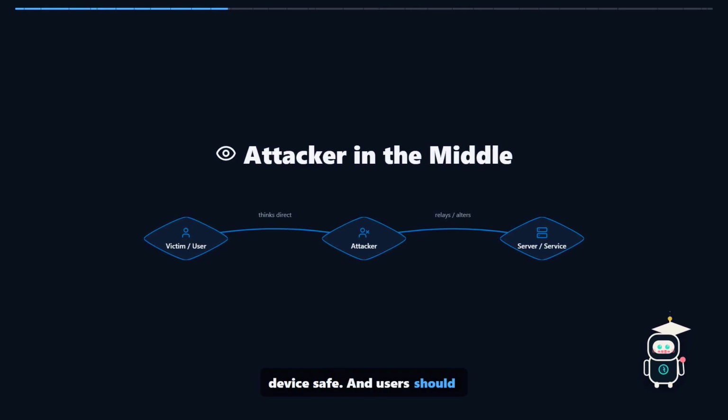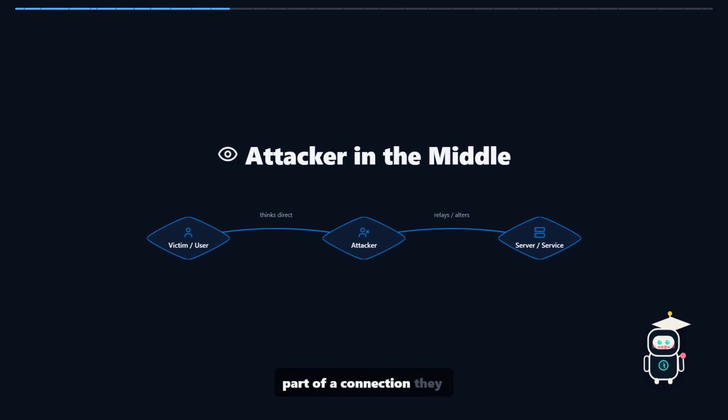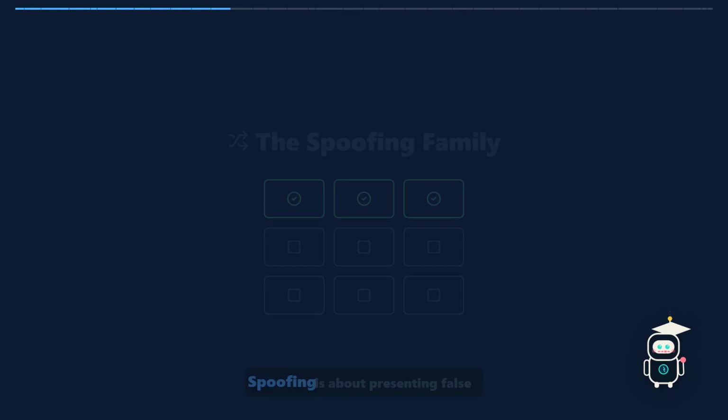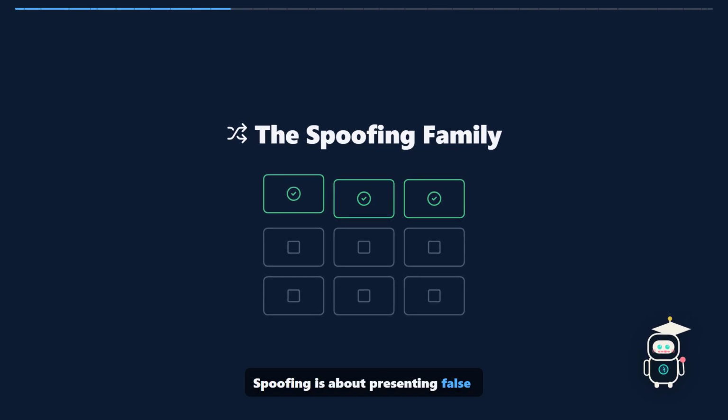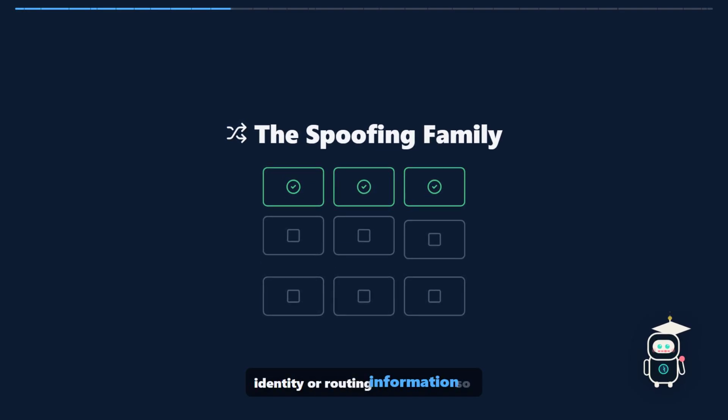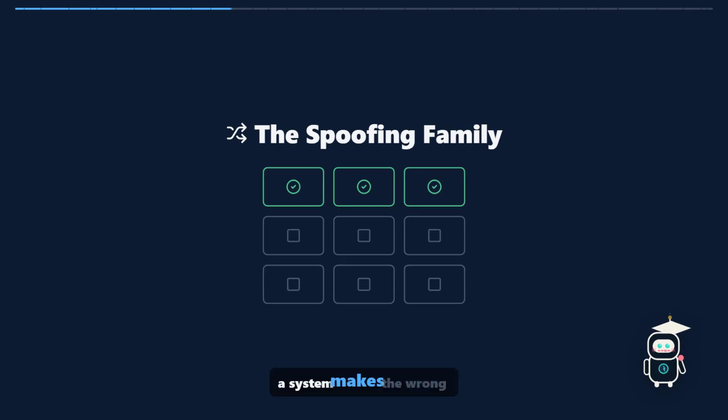And users should never click through certificate warnings simply to make a page load. The goal is to make it difficult for an attacker to become a trusted part of a connection they do not own.